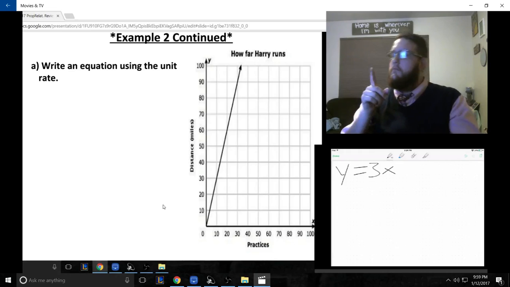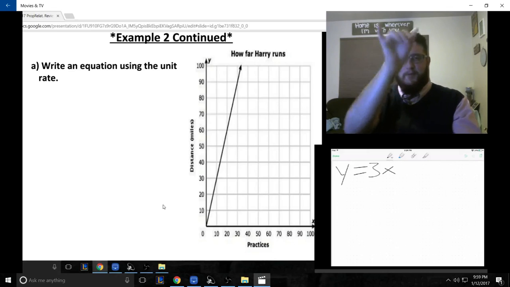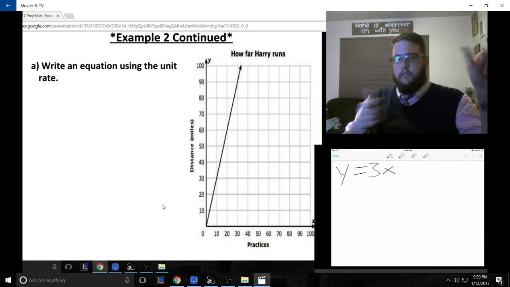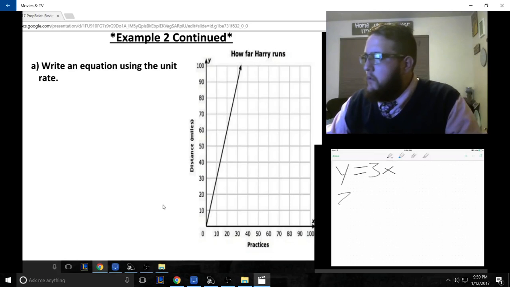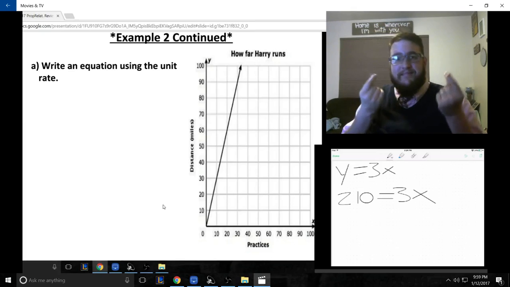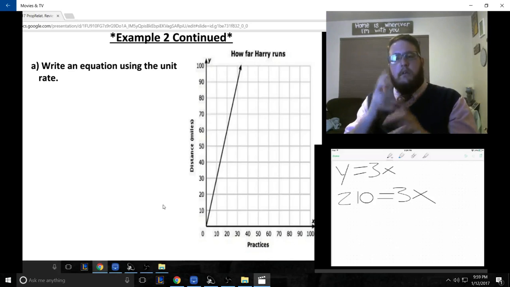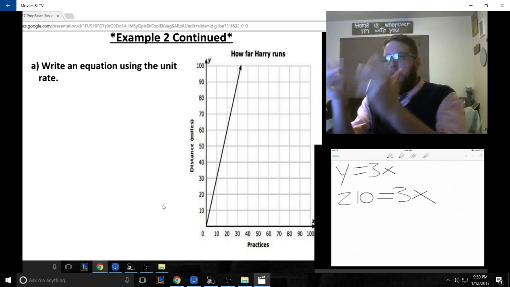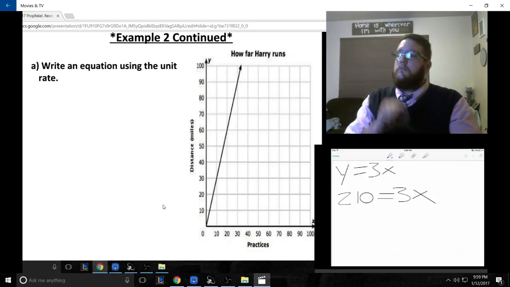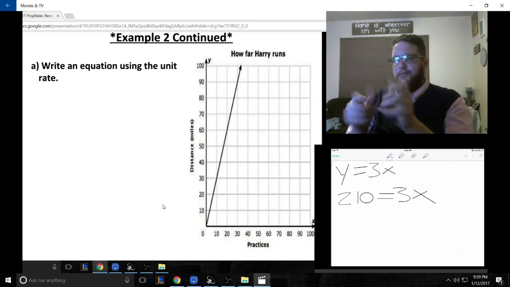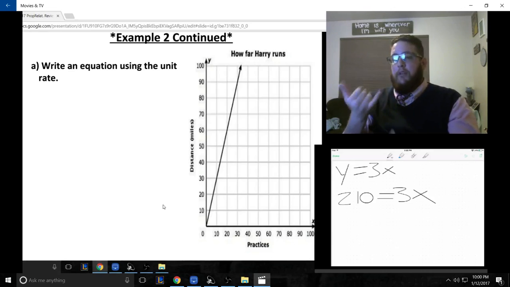So we need to determine which variable we're going to substitute in 210. So practices is not what they're talking about in this question. They're offering us 210 miles. Because miles is located on our y-axis, we want to then substitute the y with 210. So instead of y equals 3x, we'll write 210 equals 3x.